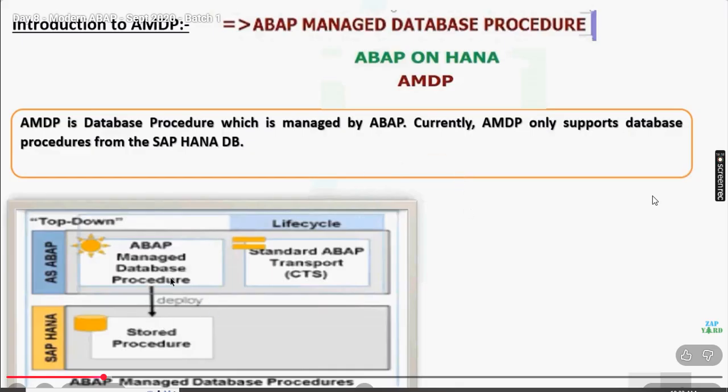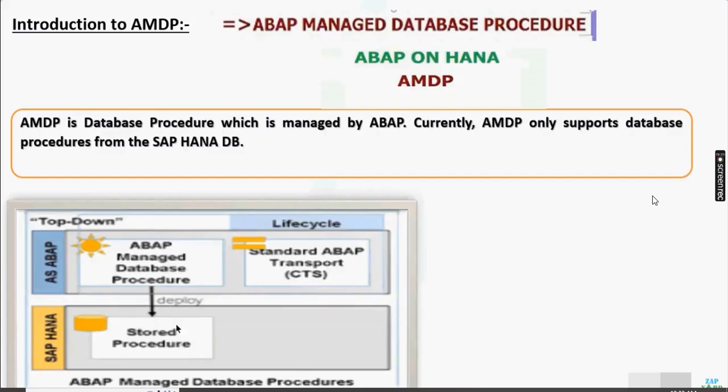Similarly, when I talk about AMDP, this word will again come into the picture: stored procedure. In simple words, AMDP, that is ABAP managed database procedure, is basically managed by ABAP, and currently AMDP only supports database procedures from the SAP HANA database only.